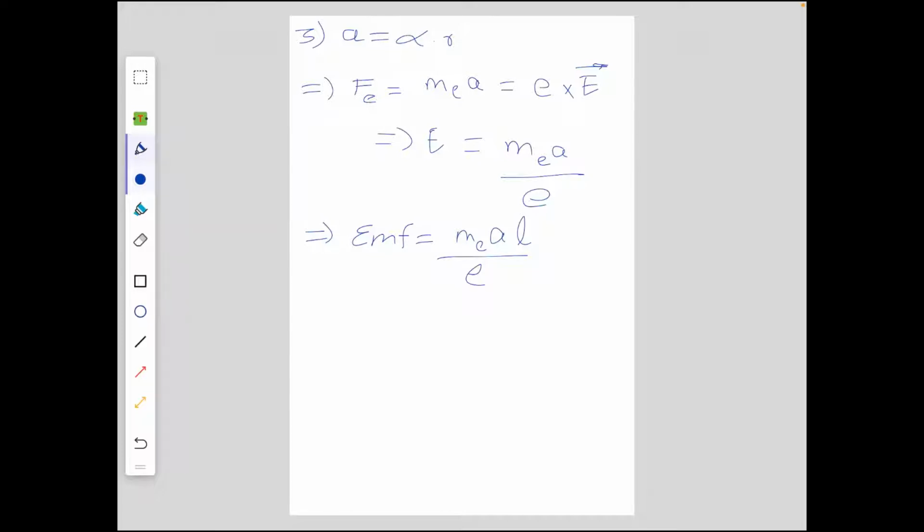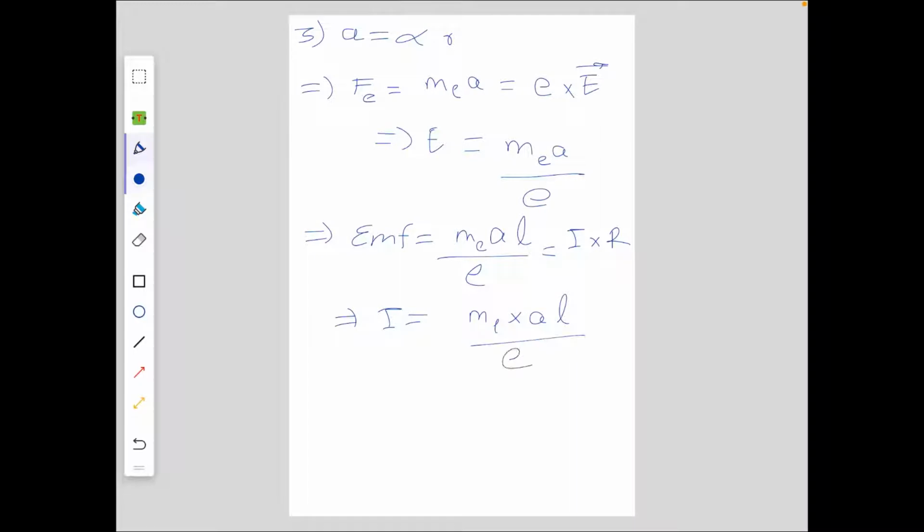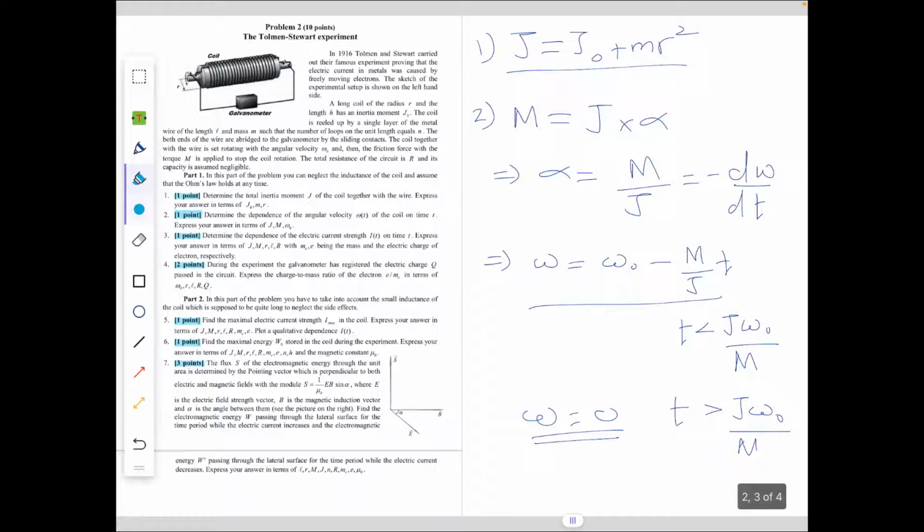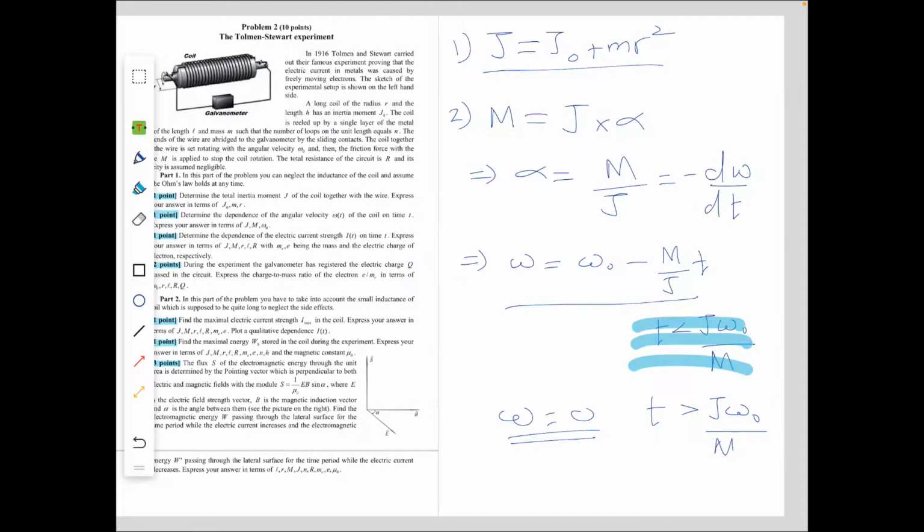This will be equal to the current times the resistance, I times R. So we get the current as m_e a L over e R. Finally, substituting all the values from part 2, we get I equals M m_e r L over e J R. Observe that this holds only for t less than or equal to J omega naught over M, and after t equals J omega naught by M, the current will reduce to 0.